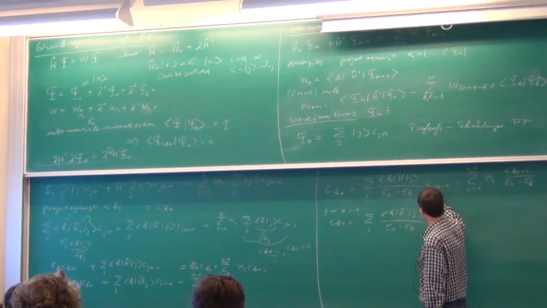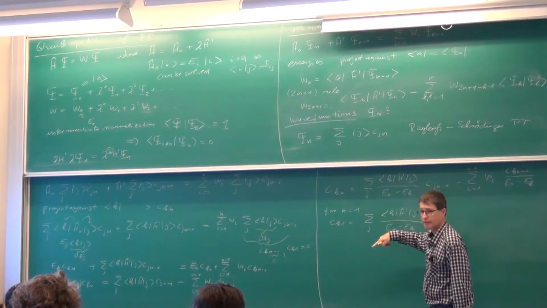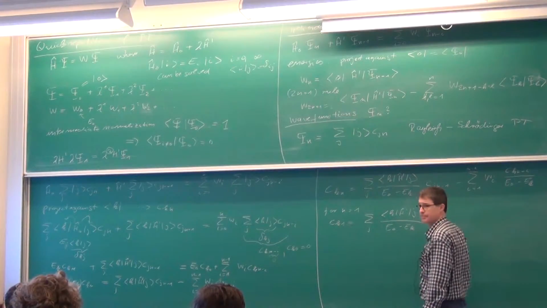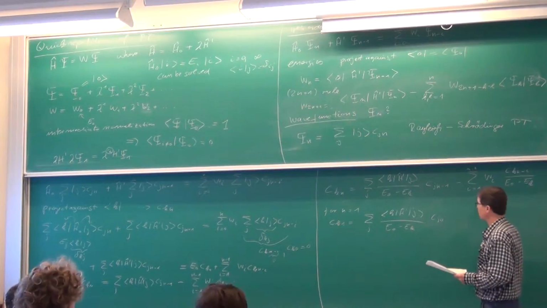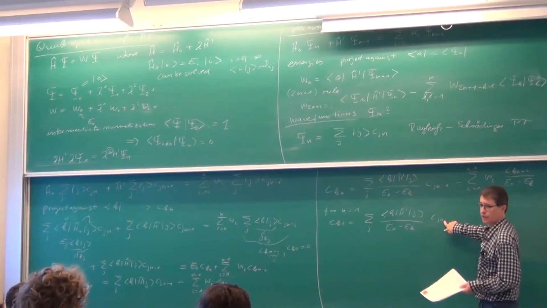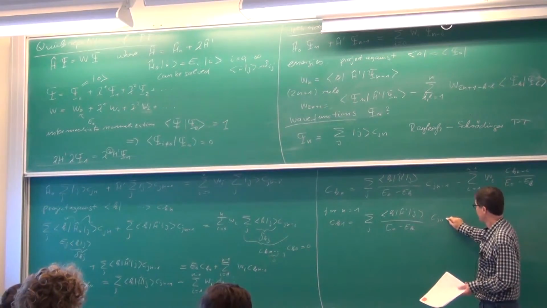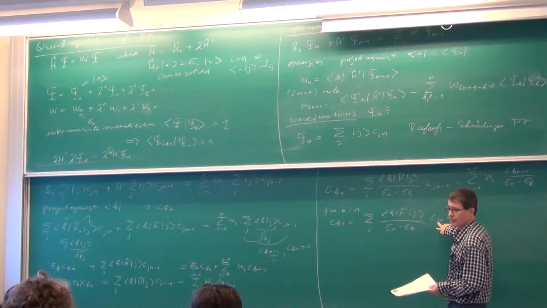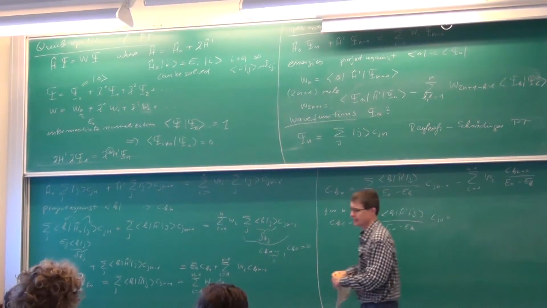But then let's look at this one. So what would we have? We have n equals 1, which is j 0 then. But j 0th order, we talked about already before, that is the coefficient of the j's state in the 0th order wave function.